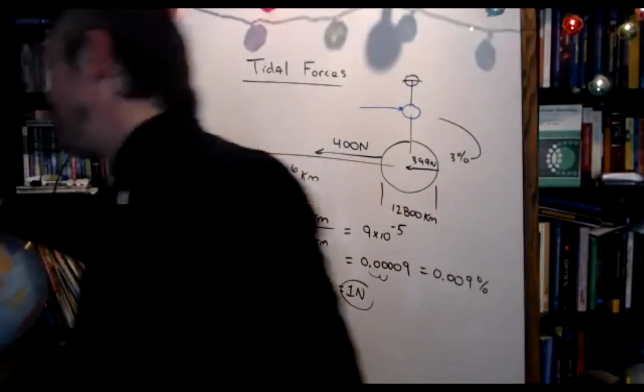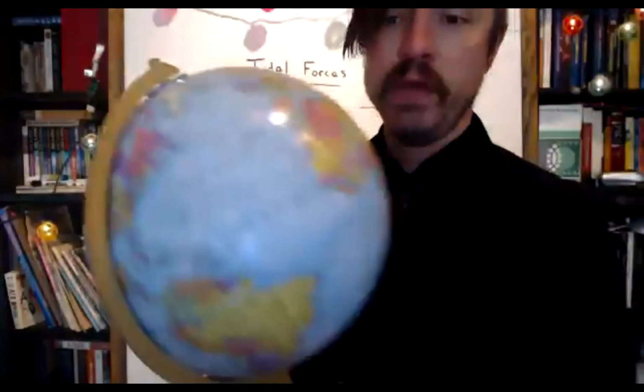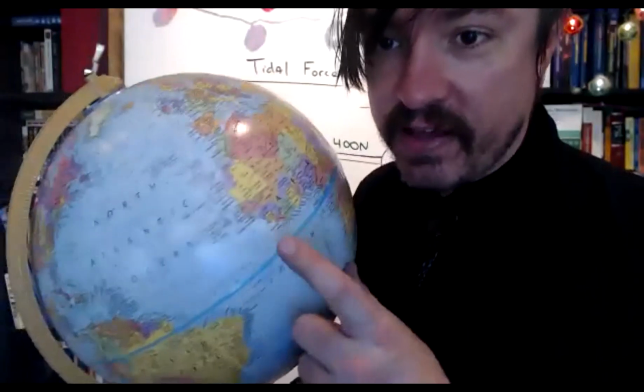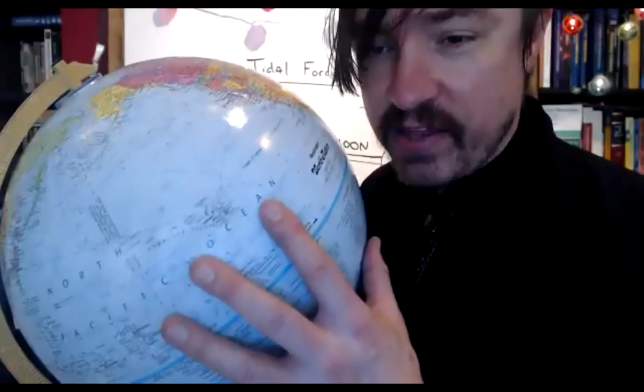The fact that Earth bulges like a football in the direction of the moon causes the Earth to undergo torques from the moon, which are slowing down the rate at which Earth spins over time. In the case of our Earth-Moon system, Earth is losing like a second every century, something crazy like that. And the length of a day is slowly increasing.